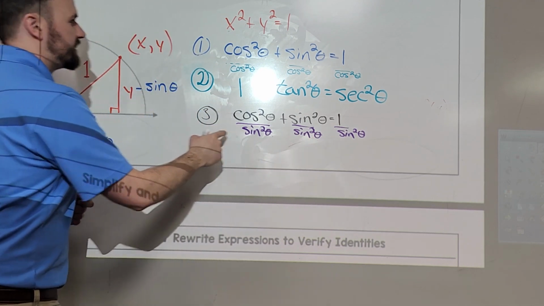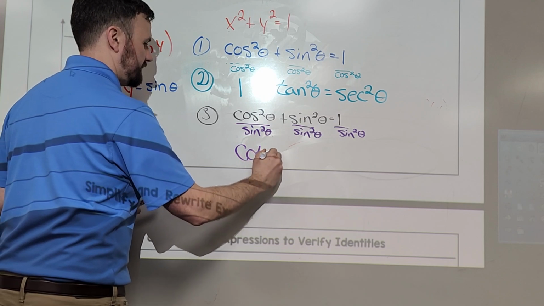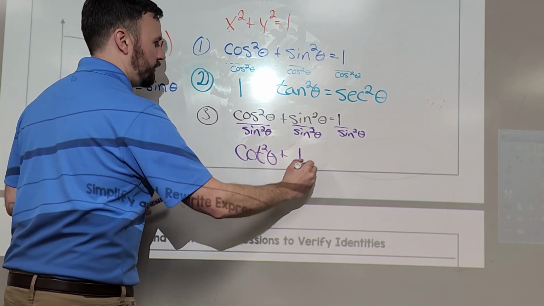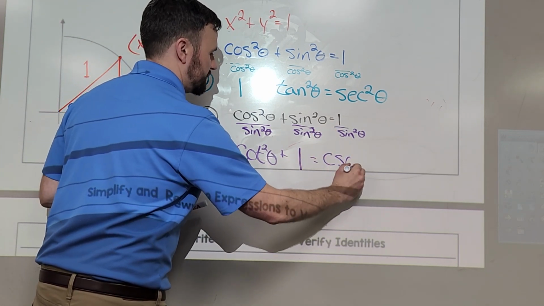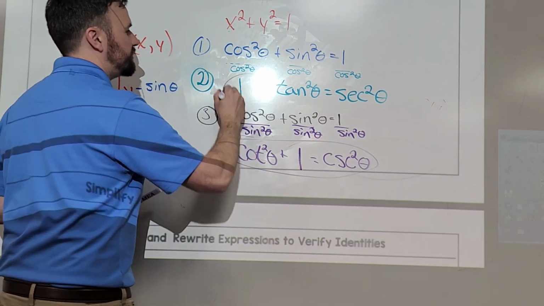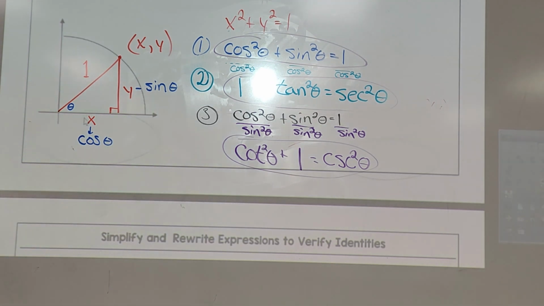What's cosine over sine? Cotan, right? Sine over sine is 1, and 1 over sine is cosecant squared. So those are my 3 major Pythagorean identities. And it all comes from the fact that a squared plus b squared equals c squared. That's it. That's all.